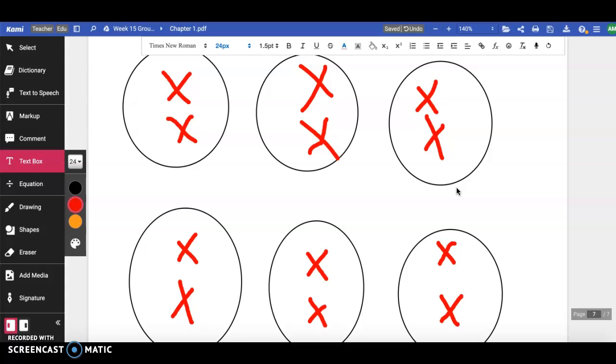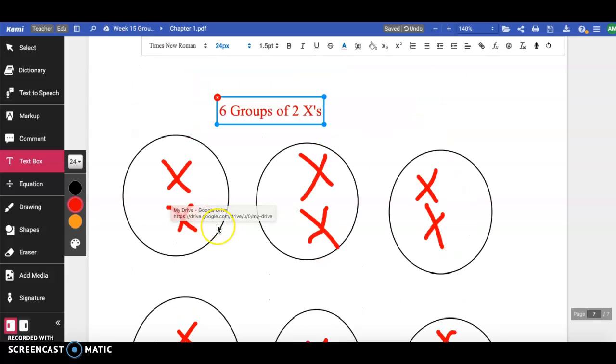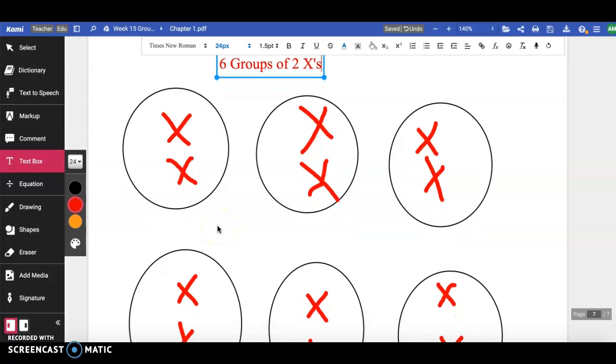Now I want you to share out how many X's are in each group. Go ahead and pause the video and share out. If you said 2 X's, you are correct. There are 6 groups of 2 X's.